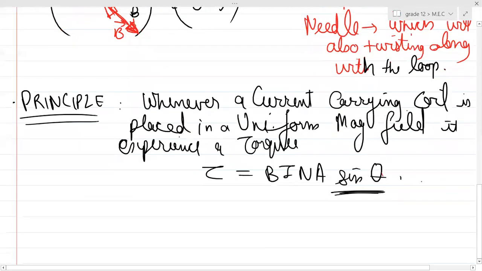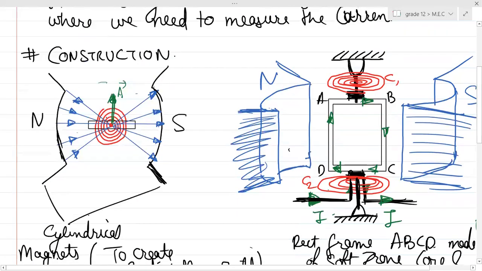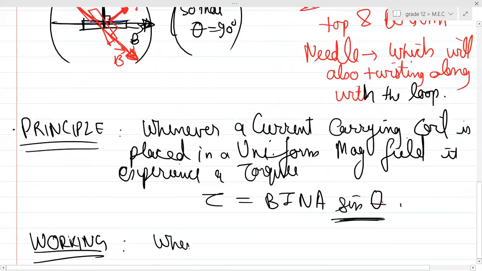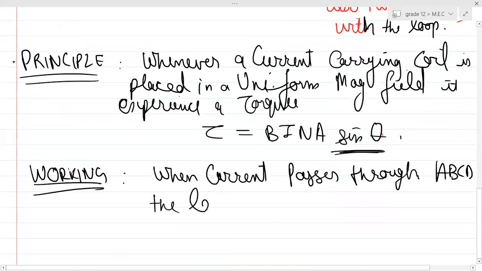Now let's talk about working. I will not write the whole thing; you just understand what exactly is the working. See, when you pass current through this conductor, what happens? When we pass current through this ABCD loop, the loop experiences torque, right?